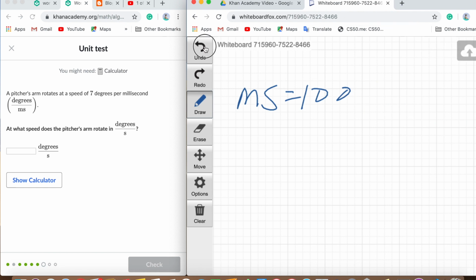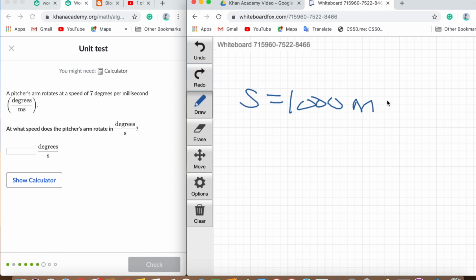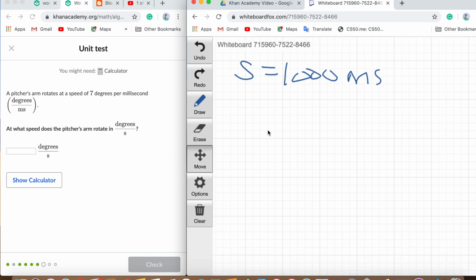Alright, I'm sorry. So it is 1,000 seconds. No, I mean a second is equal to 1,000 milliseconds. Cool.